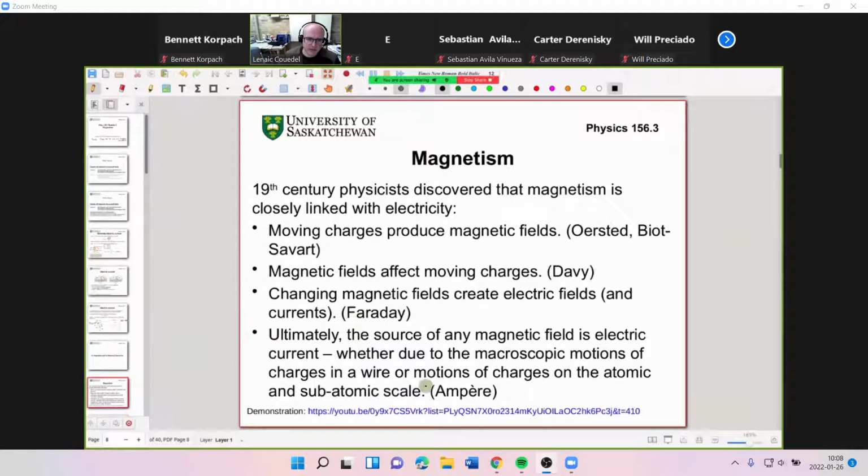And ultimately, the source of any magnetic field is an electric current, whether it's due to the microscopic motion of charges in a wire or the motion of charges at the atomic and subatomic scale. In an atom, you have the nucleus, which is positively charged, and a cloud of electrons around it.